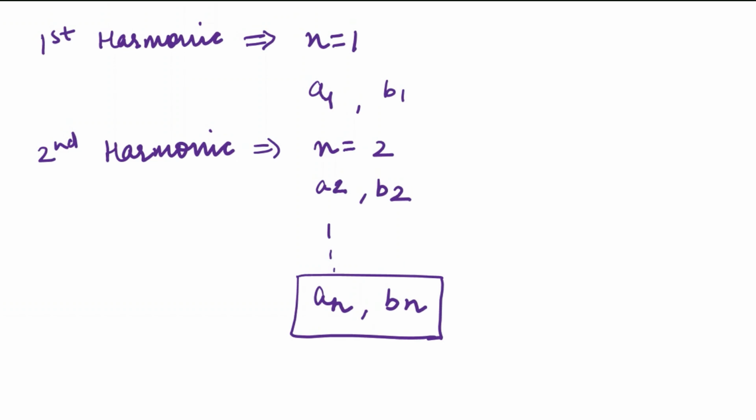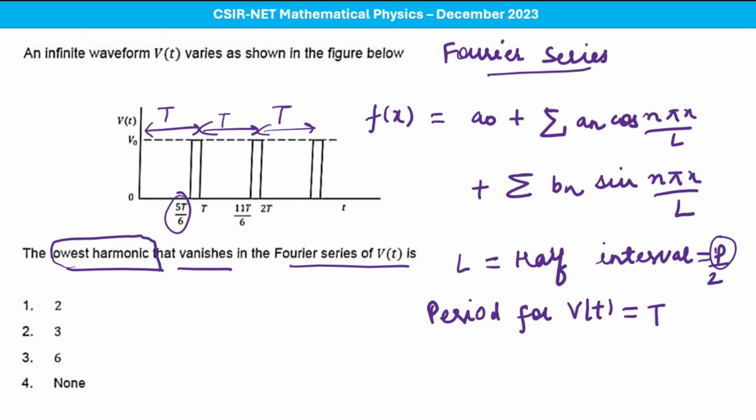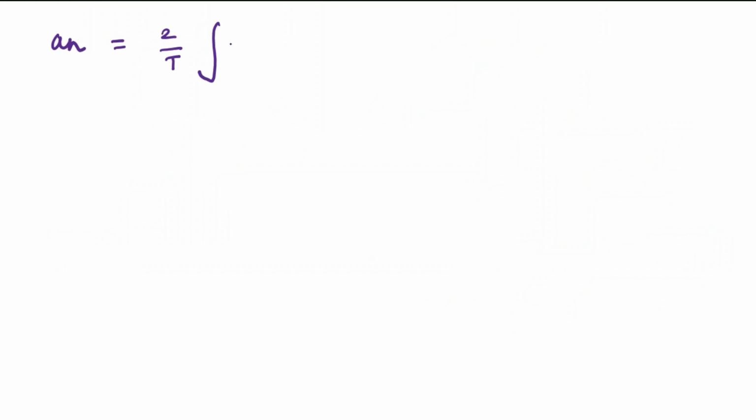They will be 0. Now finding the an coefficient, an is 2 by T, the limits will be from 5T by 6 to T, because only in this region the function is non-zero, and in the other region the function value is 0. So V naught, the limits will be 5T by 6 to T, V naught cos 2n pi x by T dx.